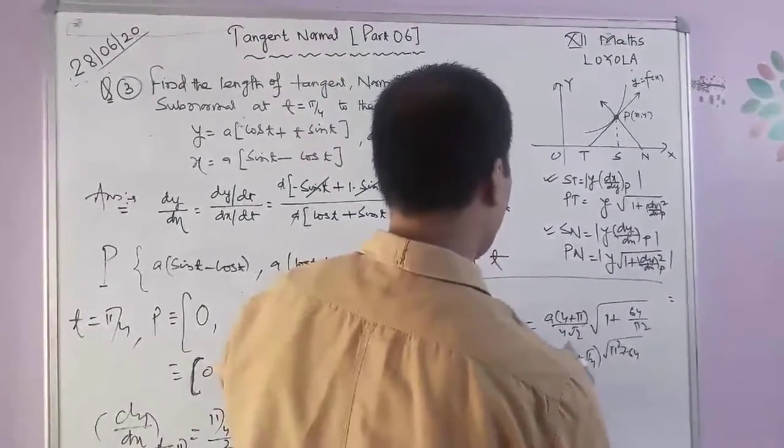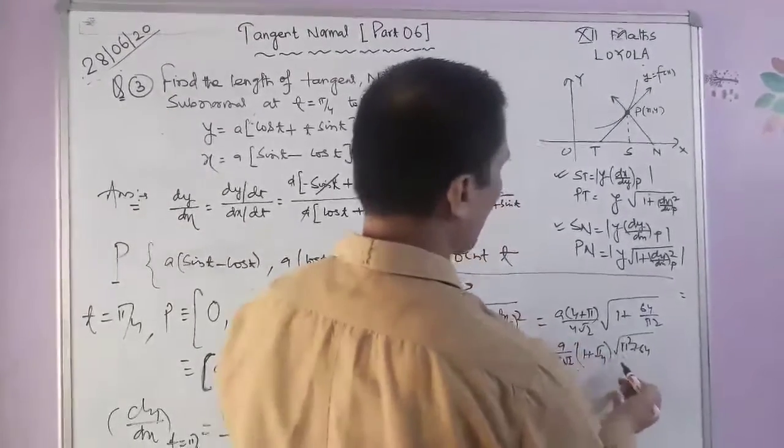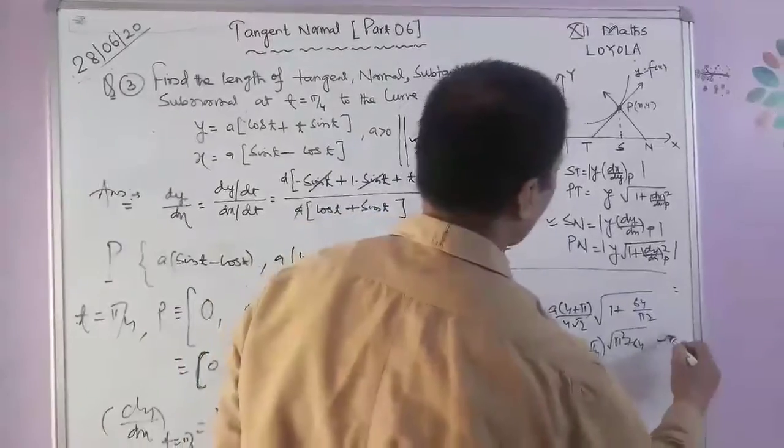So it equals a/(pi root 2) times (1 + pi/4) times the square root of (pi^2 + 64).